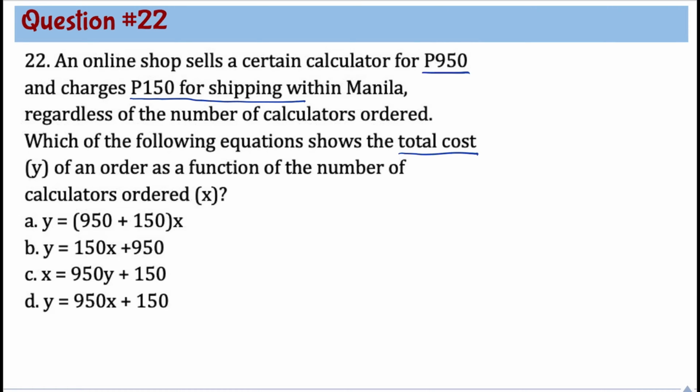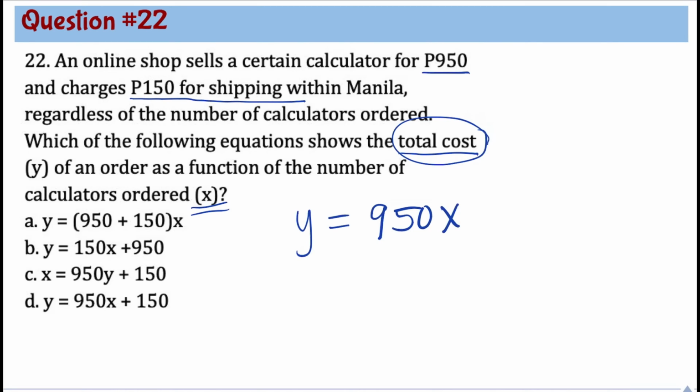So to find the total costs, using the variable y, we need to have y is equal to. We don't know how many calculators ordered, so that's why we're going to be using the x variable. And how much is each calculator? 950, right? So we need to multiply 950, that's the price, by the quantity or the number of calculators ordered.